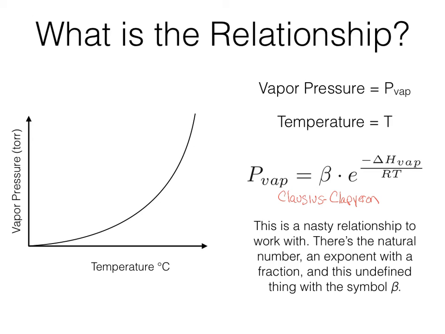The pressure of vaporization is equal to some constant, this is just a constant at this point, times e raised to the enthalpy of vaporization divided by R times T, where R is our ideal gas constant and T is the temperature.